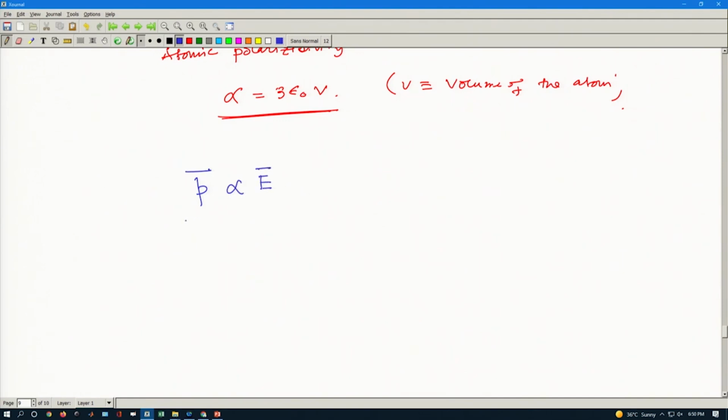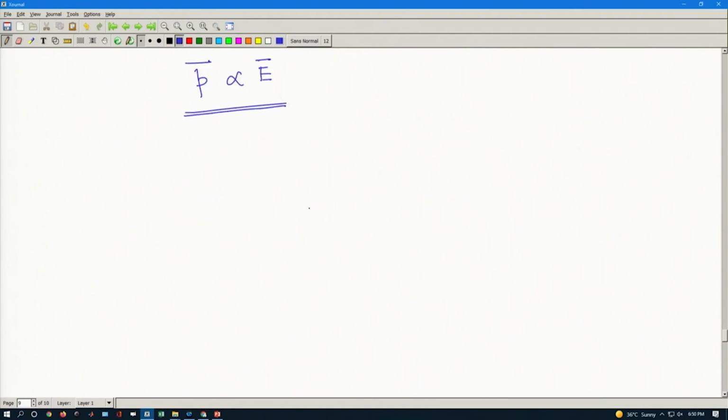If I write this equation, it essentially means that the P x component is proportional to the E x component, the P y component to the E y component, and the P z component to the E z component. Component-wise they are proportional.